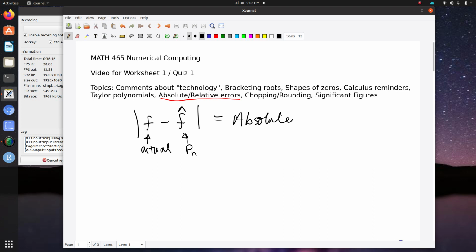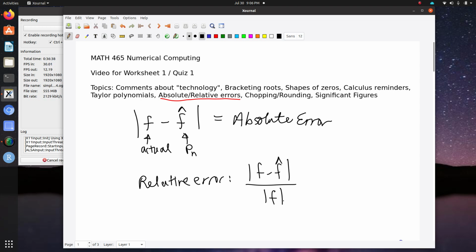It's exactly what you think it would be. And your relative error is the absolute error divided by the expected. So it's just like the percent increase decrease formula. Relative error is just your absolute error, so difference over original, but original in this case means the correct value.